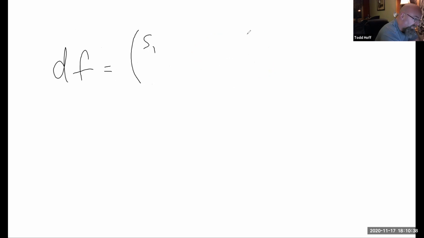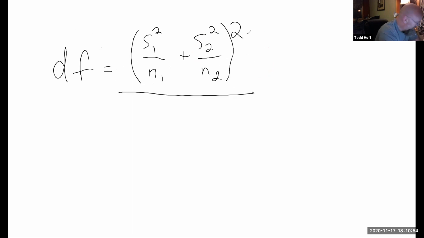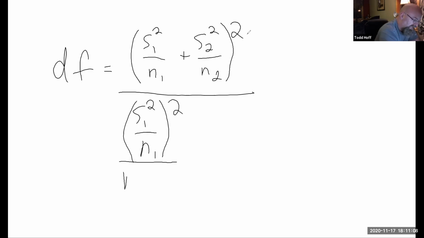the standard deviation of sample 1 squared divided by the size of sample 1, plus the standard deviation of sample 2 squared divided by the size of sample 2. And then that whole thing is squared, divided by the standard deviation of sample 1 squared divided by the size of sample 1, that gets squared and divided by the degrees of freedom in sample 1, so that's just the size of sample 1 minus 1.